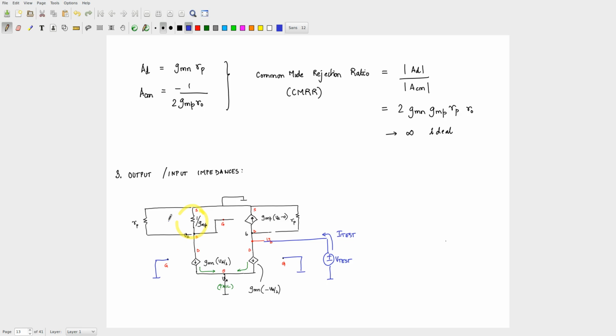Alright, now the moment that I have connected this to ground, do you see things that happen? Your Vs is anyway at ground, and this was Vd by 2, this is actually Vg, right? This quantity is Vg. So the moment I connect this to ground, this guy disappears, right? So I can remove this source. What happens to this source? This is also 0, so this disappears.